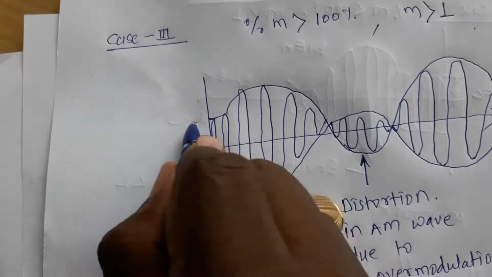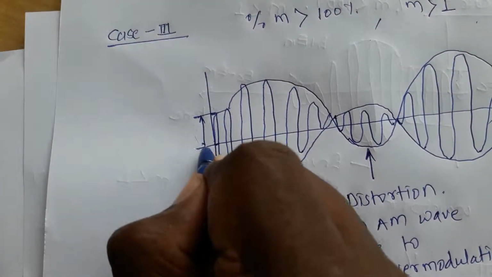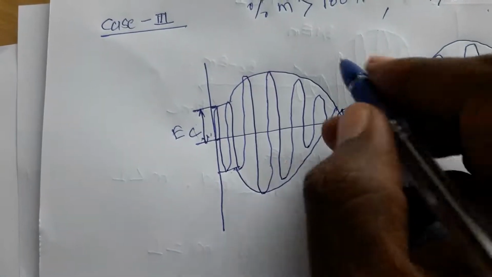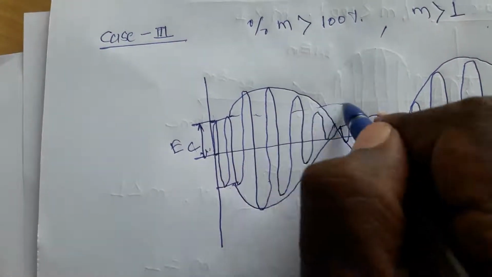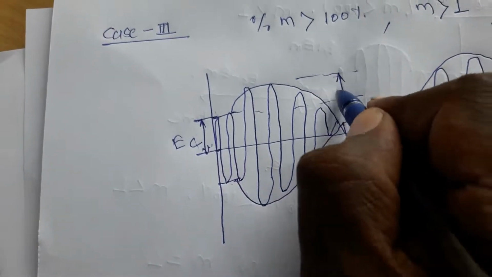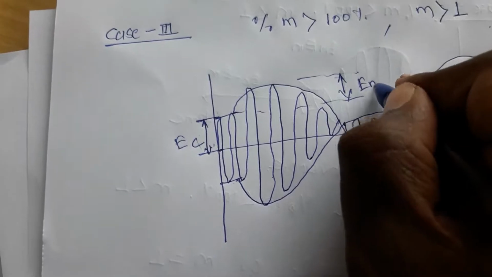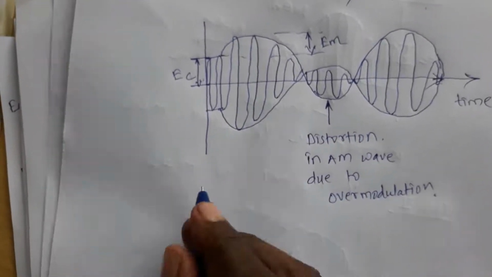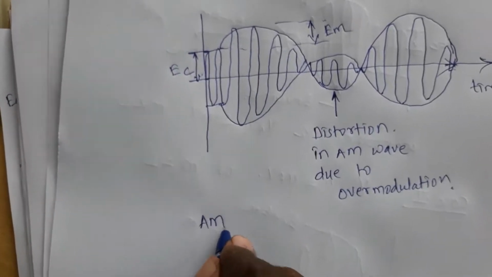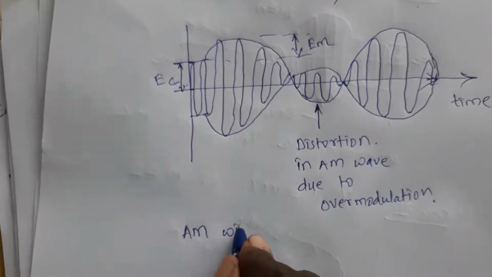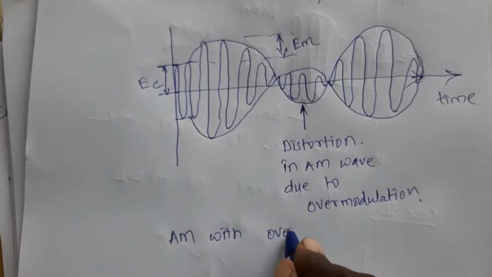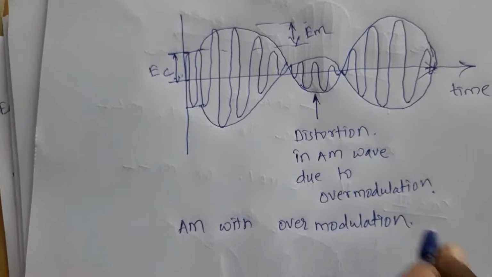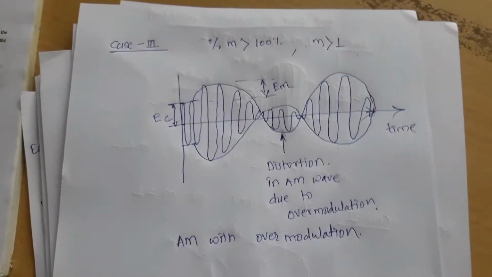This particular level is called EC, and this particular level is called EM. This situation is always labeled as AM with over modulation.